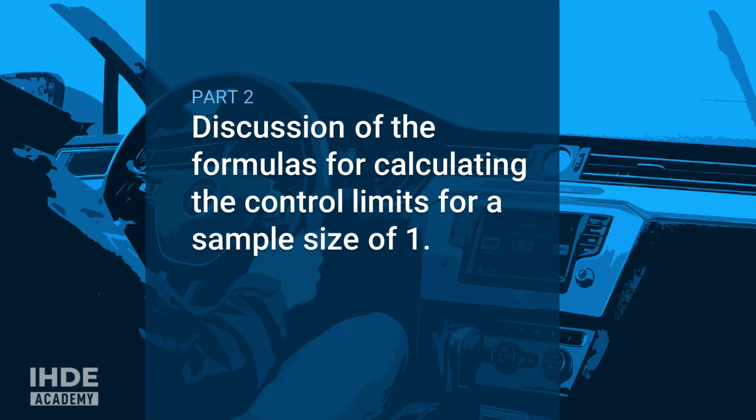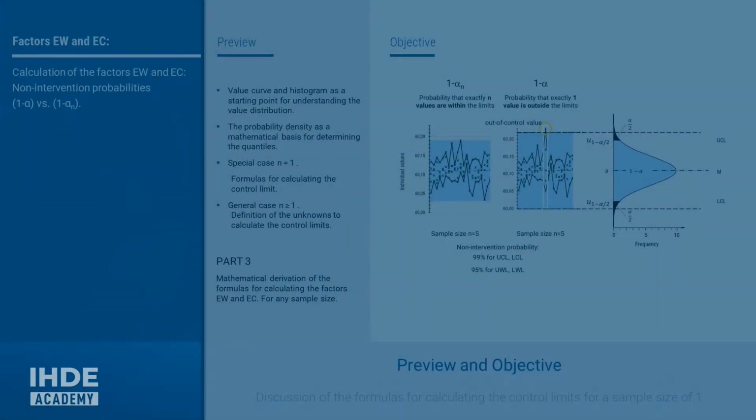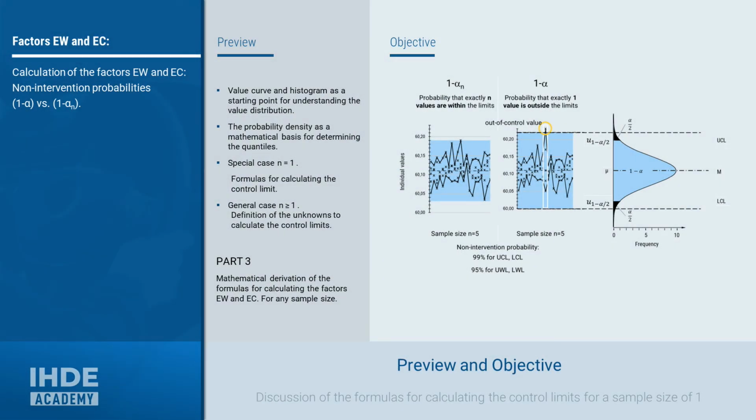Let's now prepare for the subsequent calculation of the factors EC and EW. Essentially, we will repeat the following 4 steps. We look again at the value curve and the histogram as a starting point for understanding the value distribution.